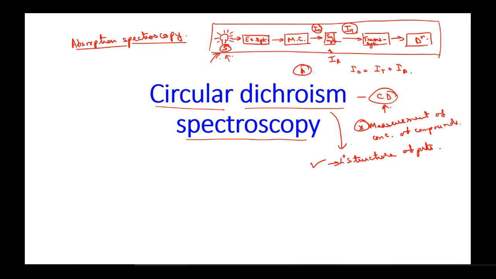Overall, this would be the architecture, however there will be subtle variations, and due to those subtle variations we are able to get information about the secondary structures of the protein.